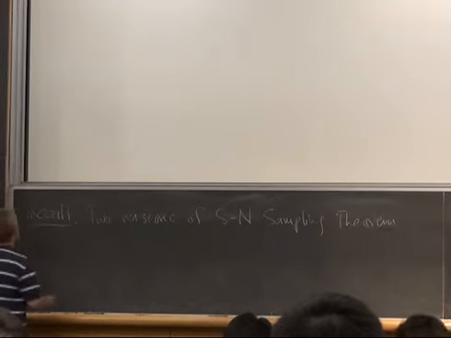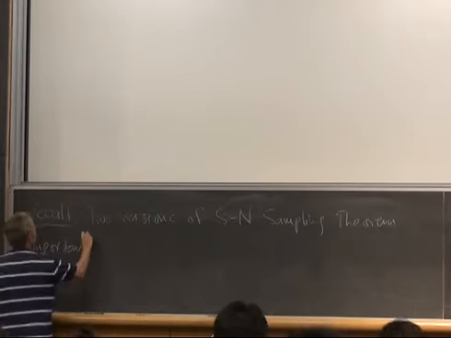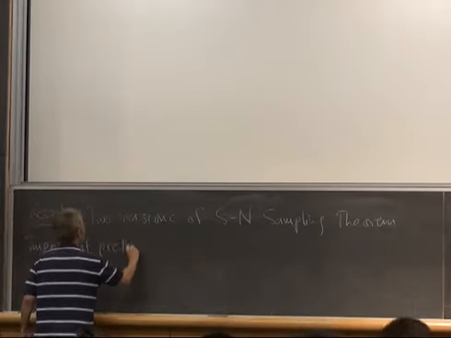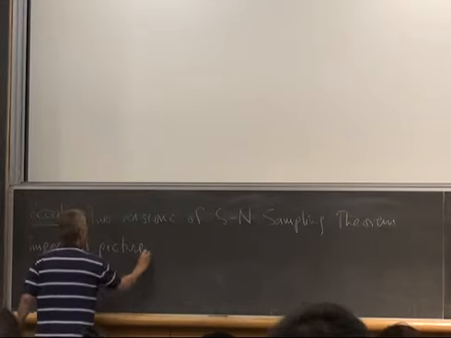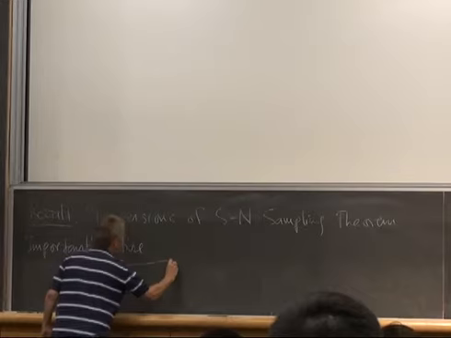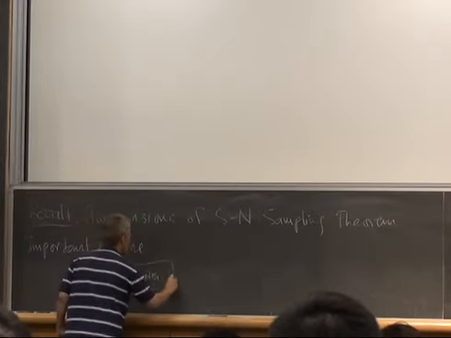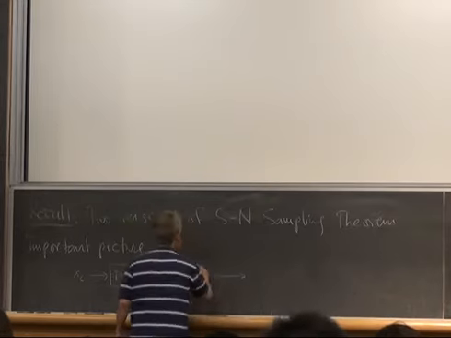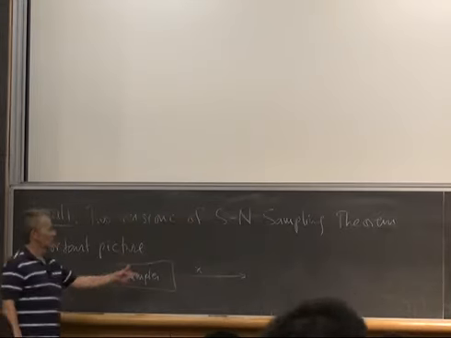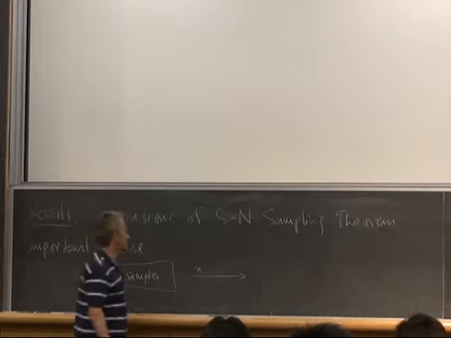And so here's a picture, it's an important picture. XC goes into a T sampler, and out of that T sampler comes a signal X, so X of n is going to be XC of nT for all n in the integers.